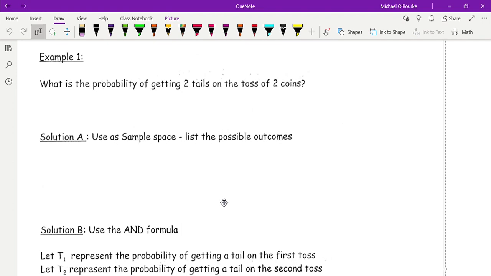All right, so let's look at example 1 here. What's the probability of getting 2 tails on a toss of 2 coins? So 2 tails.